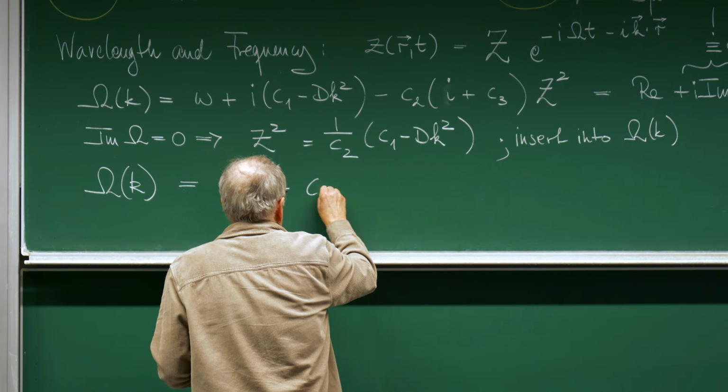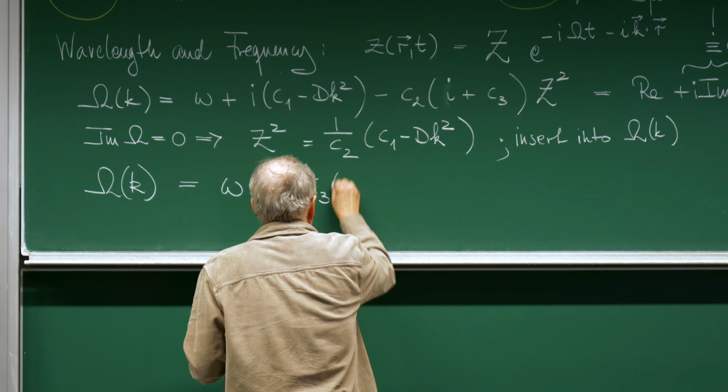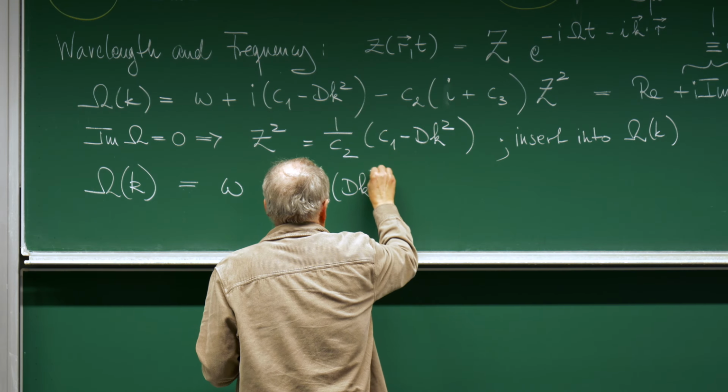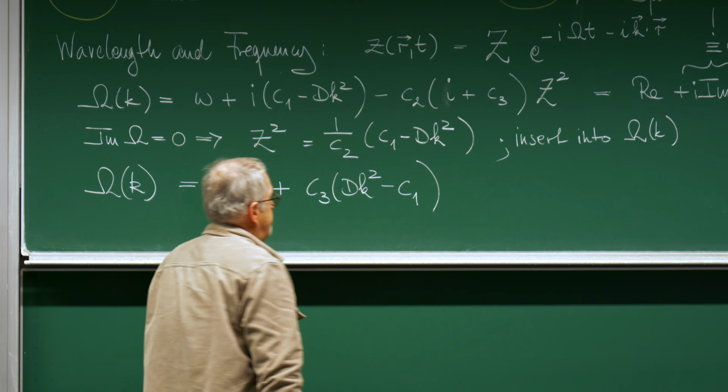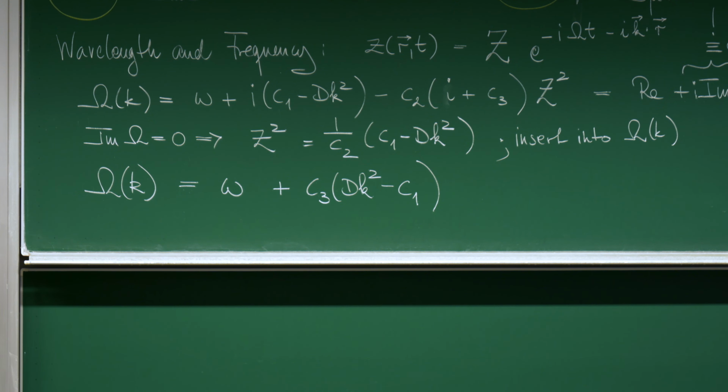And now the nonlinear part is this. Okay. And this nonlinear part has to do with the fact that you have now a traveling wave that runs through the system.